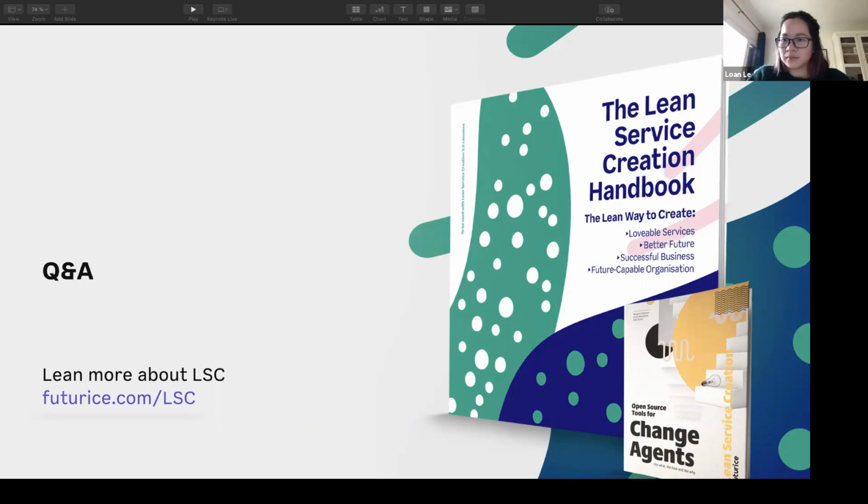So within the 1 hour of our session, I think we cannot go through the canvas in detail, but you have the feeling of the canvas, and in the handbook you can see a lot of instruction on how to facilitate the canvas. And as Luan said in the last slide, the tool is just the tip of the iceberg. It's more about your culture, how you approach your process.